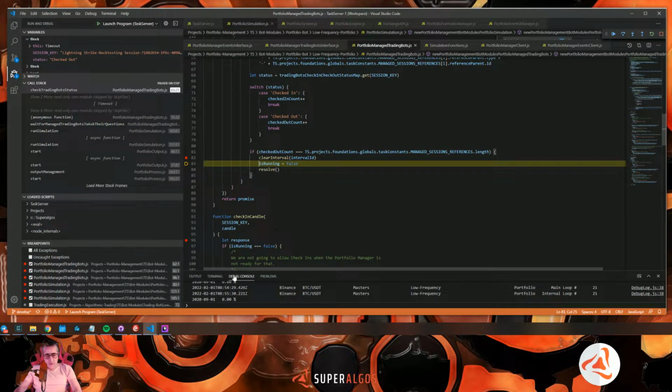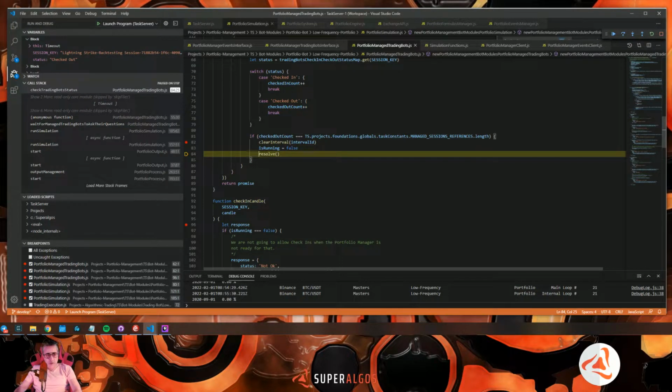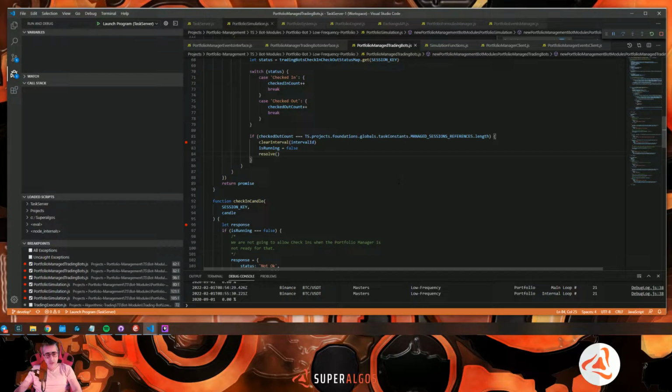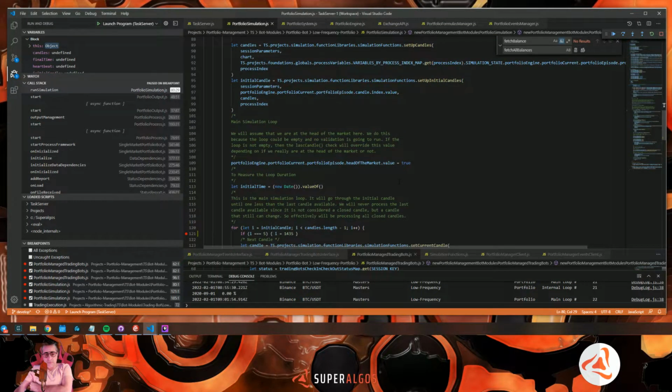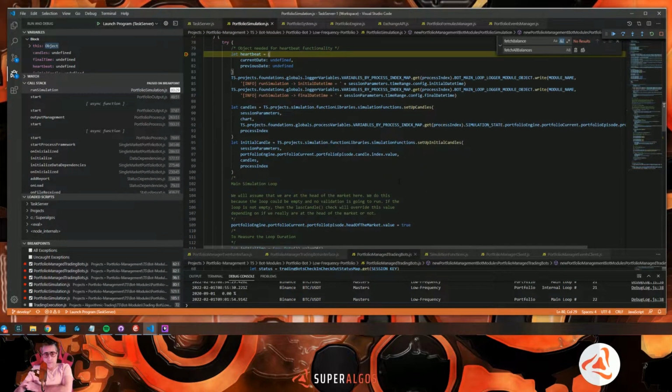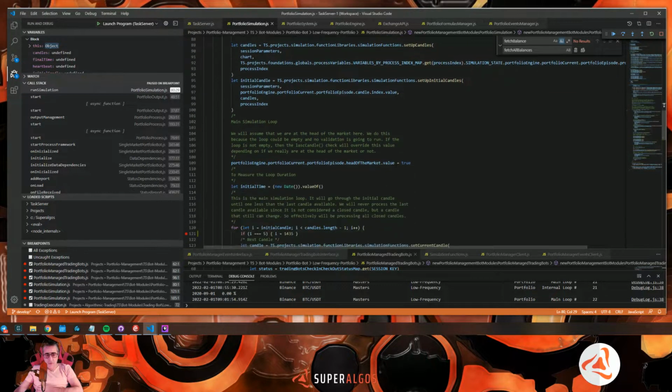Okay, it received all that stuff because this is stopping at a breakpoint. So here it is going to finish the loop and it should move to the next candle. It's strange to me that it made another loop.